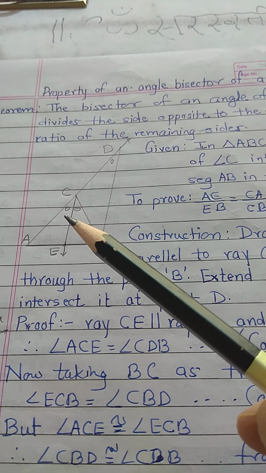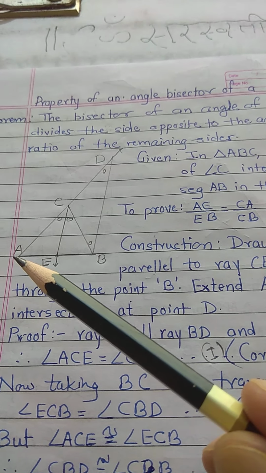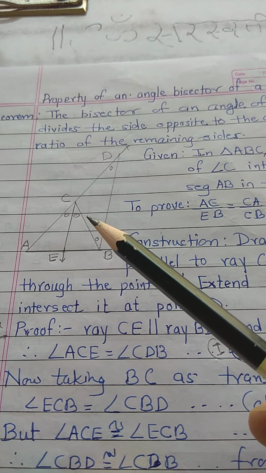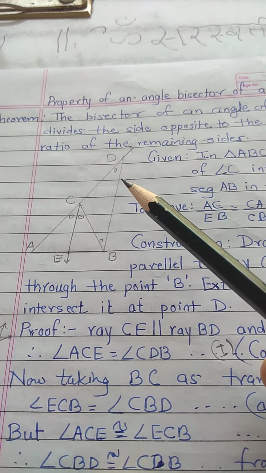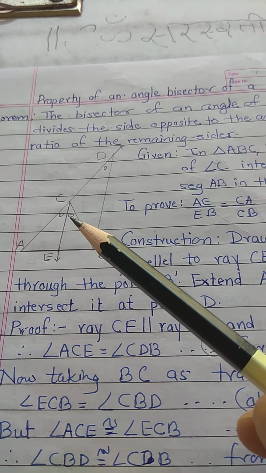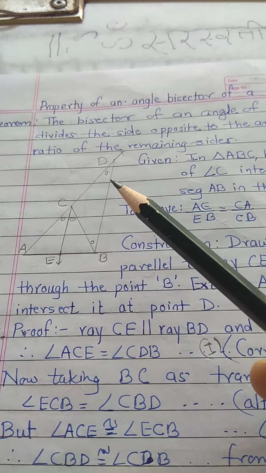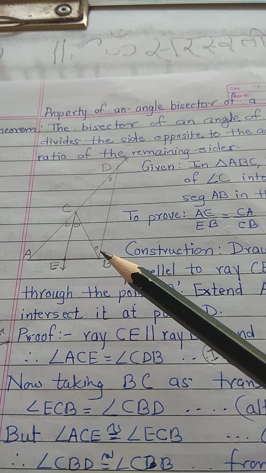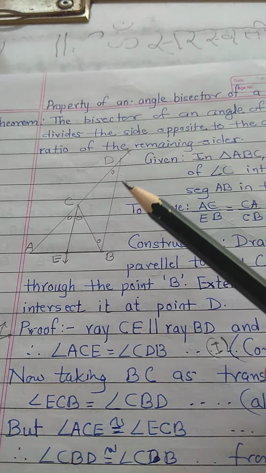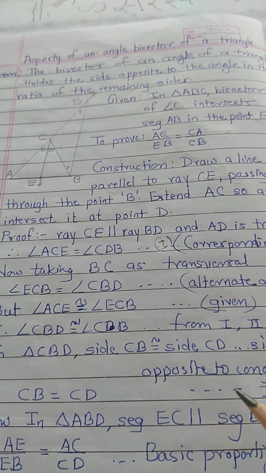And in the third statement, by given, we say that angle ACE is equal to angle ECB. Statements 1, 2 and 3 give the conclusion that this angle D and this angle CBD are congruent. That is, angle CBD is congruent to angle CDB.